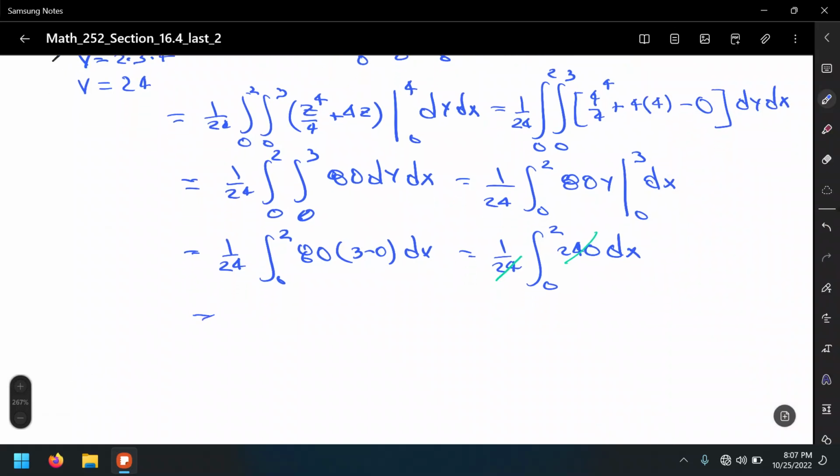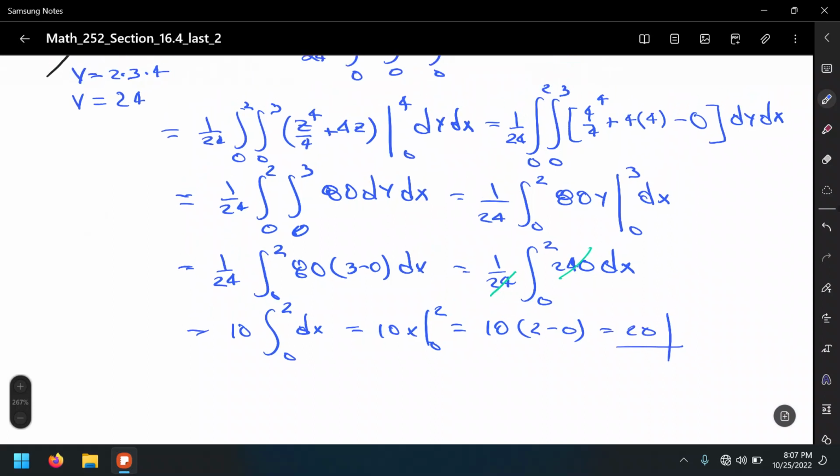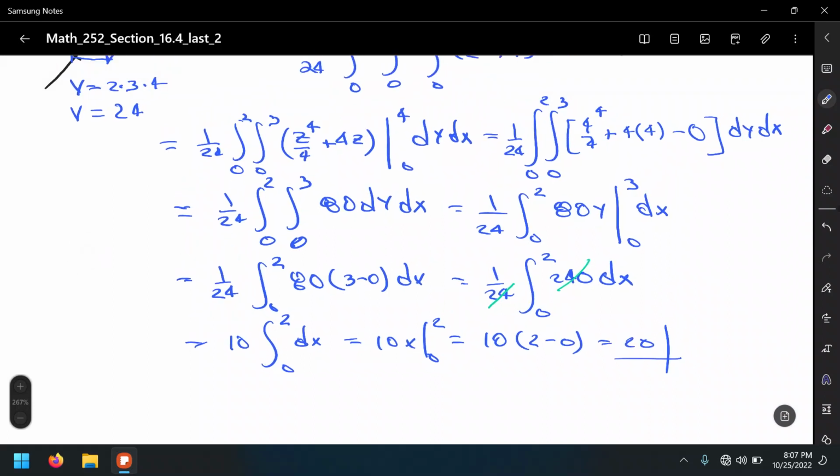So that's 10 times the integral from 0 to 2 of dx, and that's 10x from 0 to 2, 10 times 2 minus 0, and that's 20. So that's the average value, 20. All right.